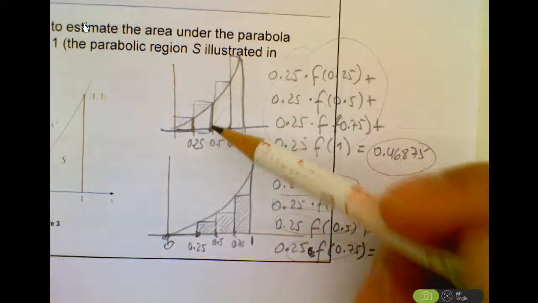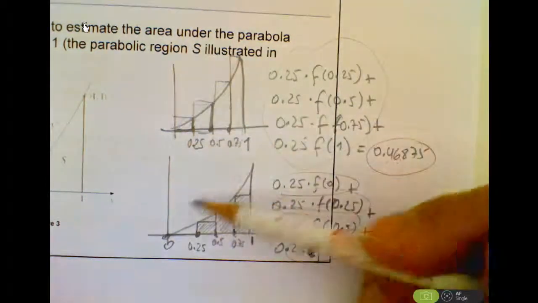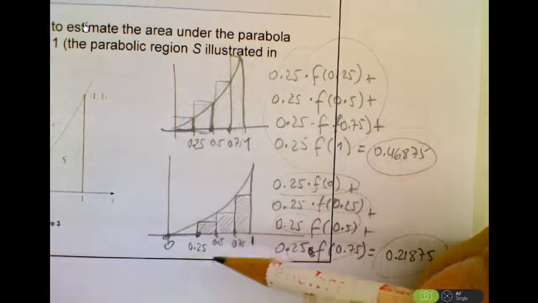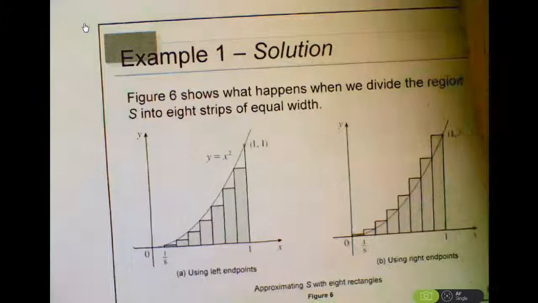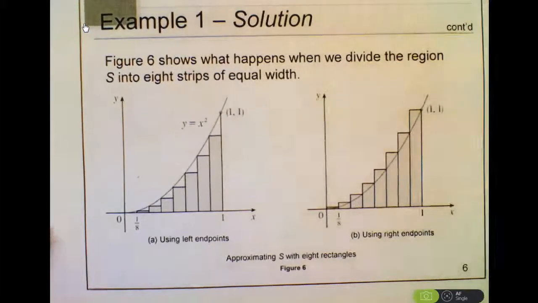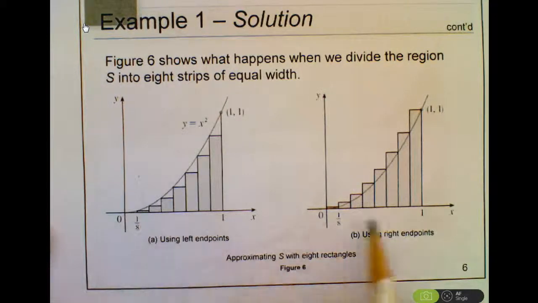We saw the situation when we were using 2 rectangles. What we saw right now, I'm using 4 rectangles. And then we're going to see what happens with a different number of rectangles. So you can see here, in this figure, we're using 8 rectangles.